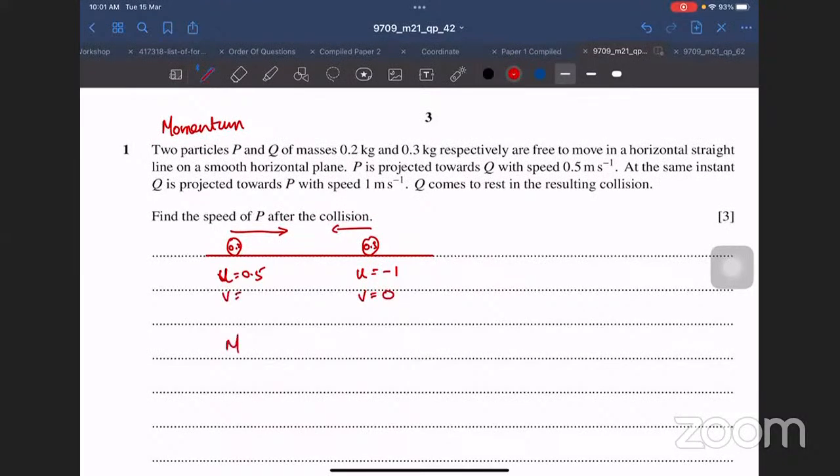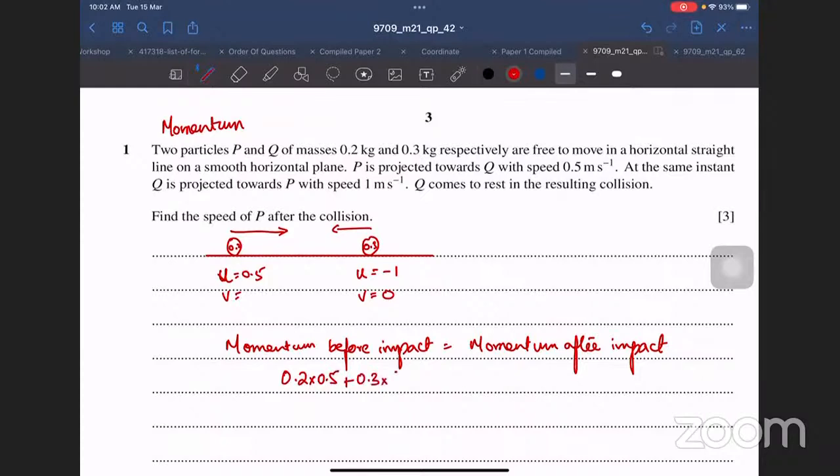Okay, so the formula for momentum is momentum before impact equals momentum after impact. So I get 0.2 into 0.5 plus 0.3 into -1 equals 0.2 into V plus 0.3 into 0.